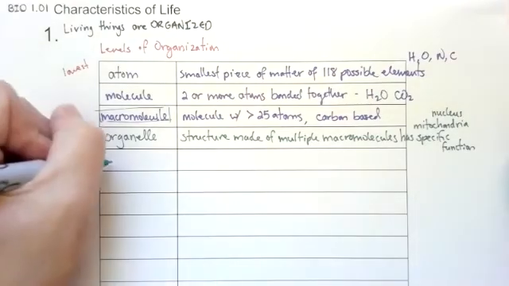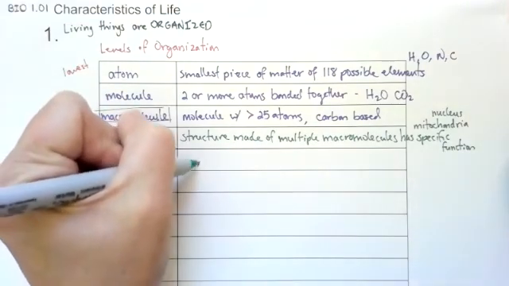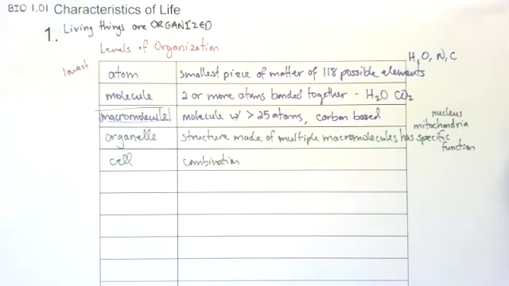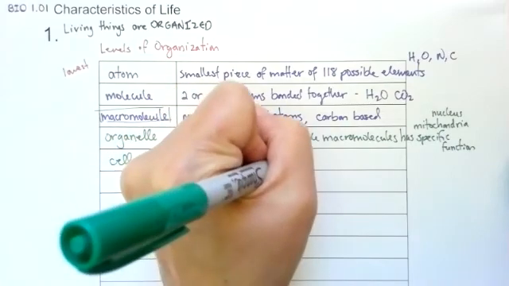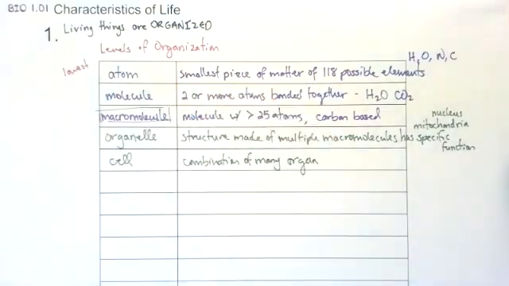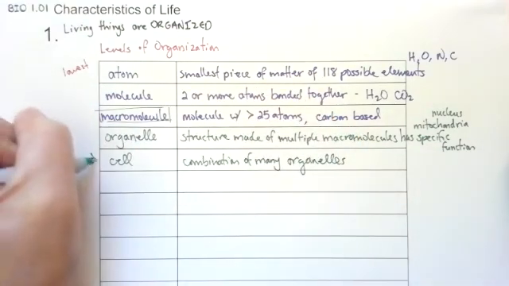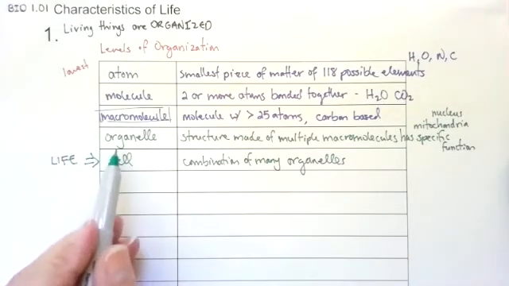All right, then we have the cell, the next level up. So a cell is a combination of many organelles. Also, this is where life begins. You can't have an organelle that's alive.